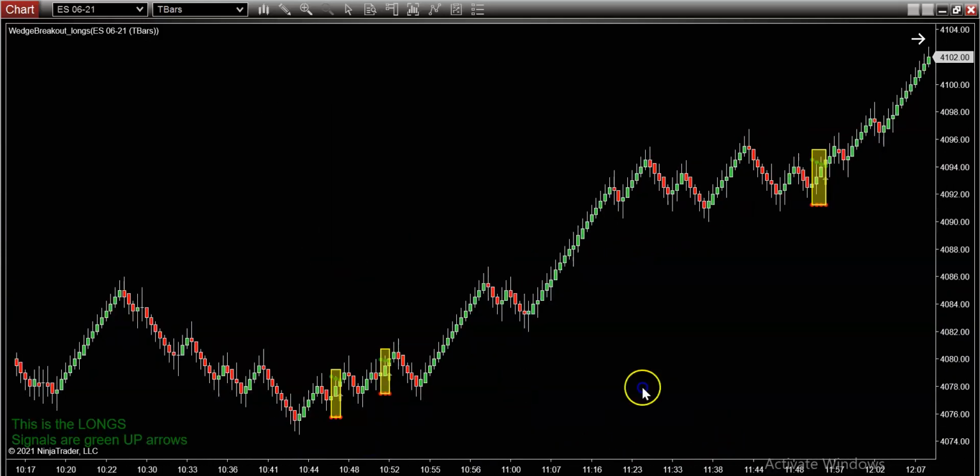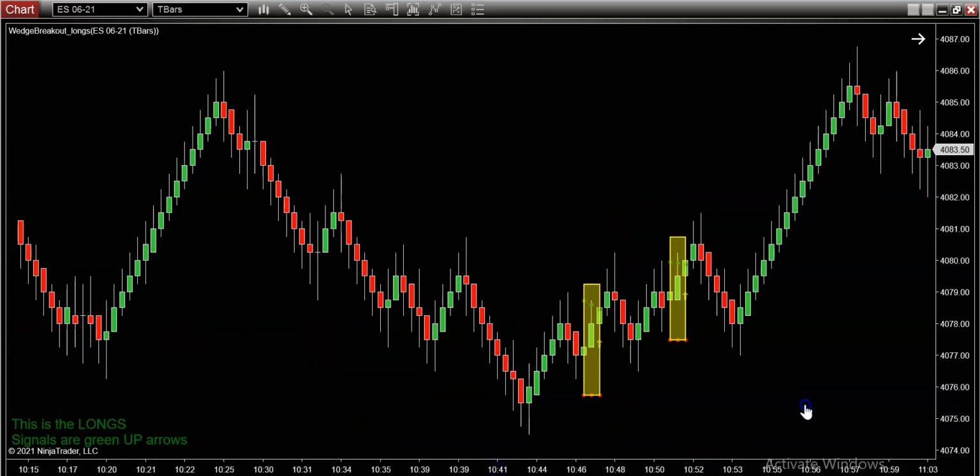And wouldn't you have guessed it, right over here we get two really nice wedges. There was a setup right here. The stop gets placed one tick below that. So there was a nice little setup right there. And if you missed this one, you got another wedge right below that.